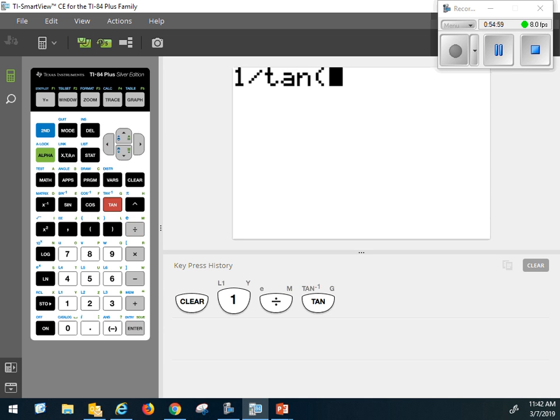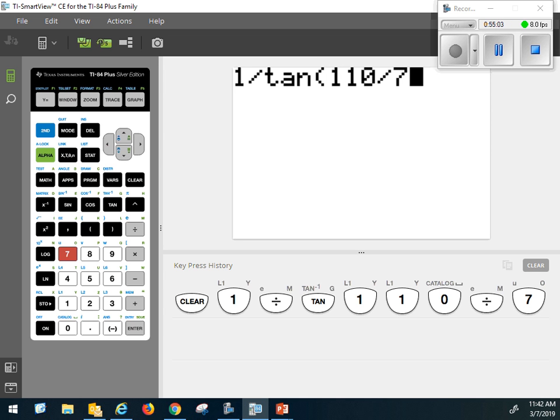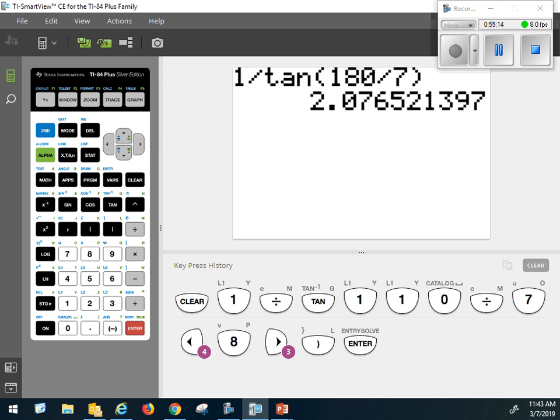Tangent of 180 over 7. And then we'll close that parenthesis, hit enter, and that's our value for A. That's the A. We want to take that and either multiply it by half and then 14, or half of 14 is 7, so we could just do times 7.